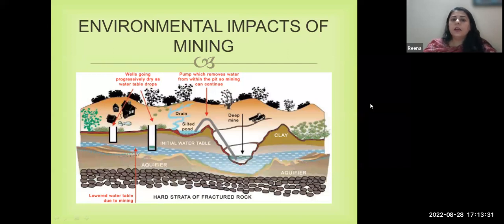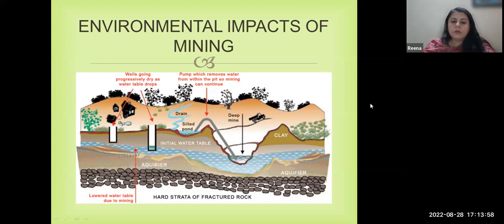For example, the groundwater level goes down, ponds are silted, and there is a lot of soil erosion. Even with deep mining, there is a threat to water levels in that area. So the freshwater resources as well as the groundwater resources are compromised whenever mining operations are introduced in an area.